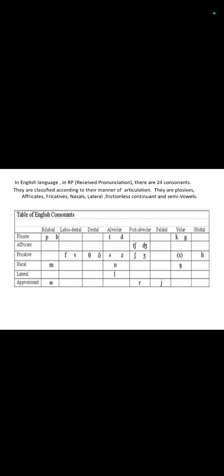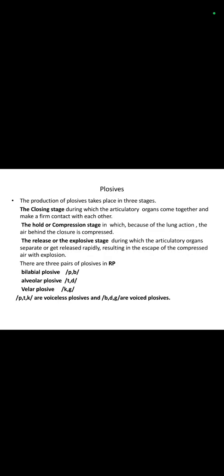Alveolar plosives, t and d, and velar plosives, k and g. Similarly, affricates, ch and j, post-alveolar affricates. So, in this manner, you can see the tabular form of English consonants. Now, let us proceed with the plosives and study in detail.